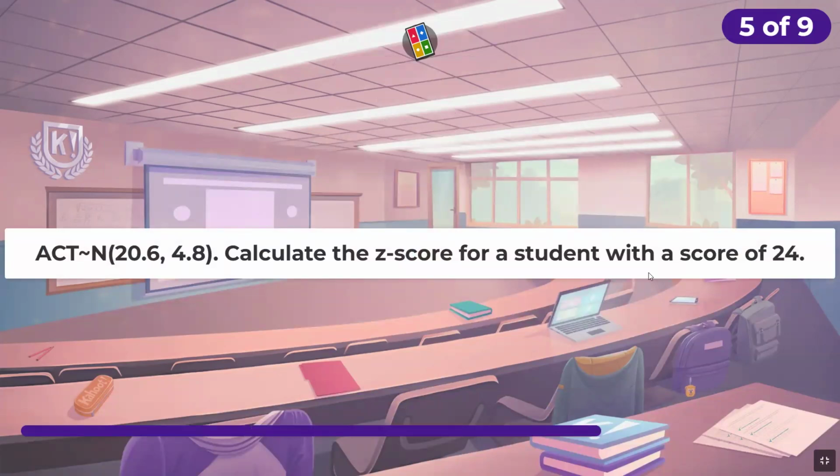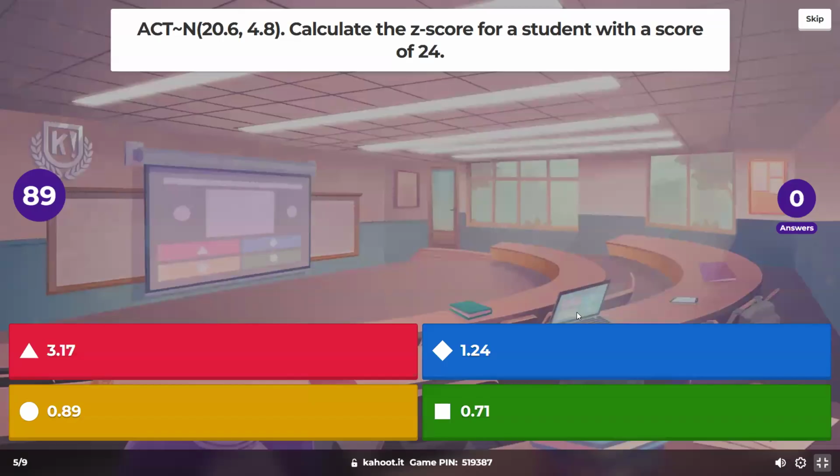Calculate the z-score for a student with a score of 24. Top row, middle row, bottom row. Which one? Our formula sheet, our little formula packet.